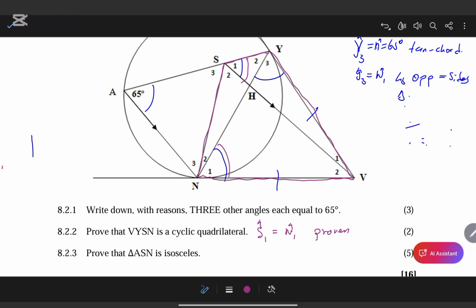Therefore, the diagram SYVN is cyclic quad. Why? The reason is equal angles on the same side of a line segment or of a line. Or you can write converse, angles in the same segment.